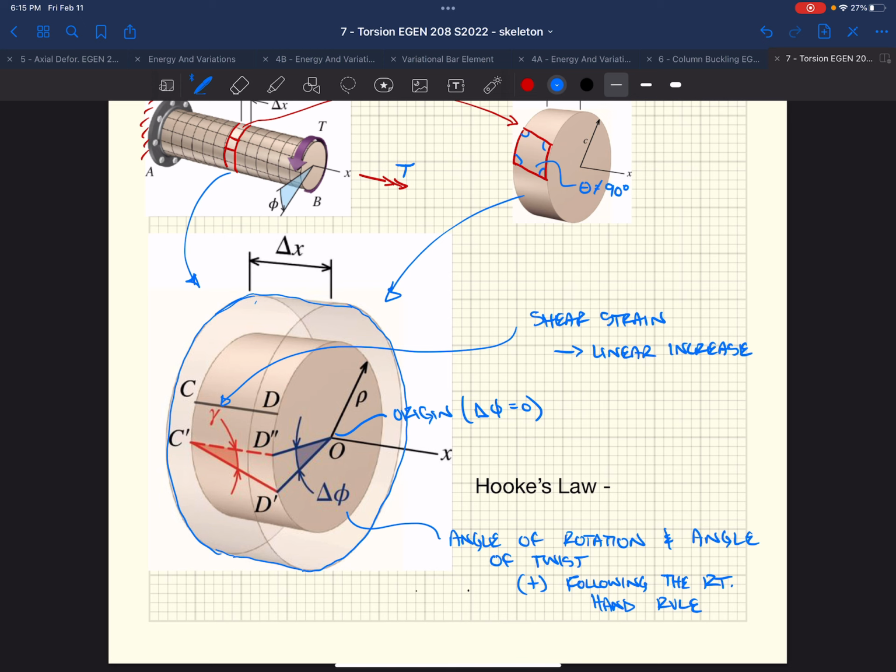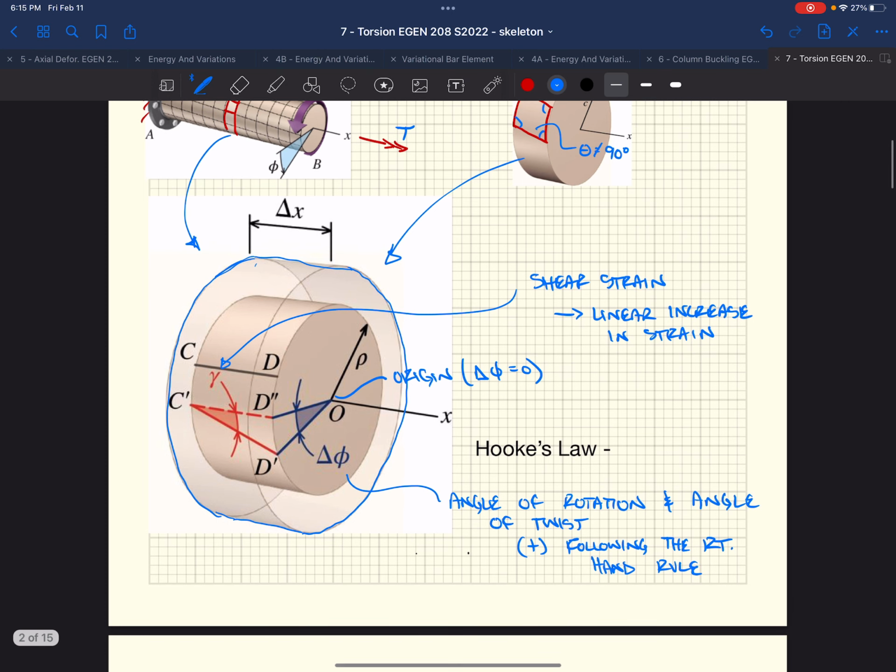At the fixed location, it can't have any rotation. But as we move along the shaft out to our force T, we're going to have a linear increase in strain, a buildup in strain.